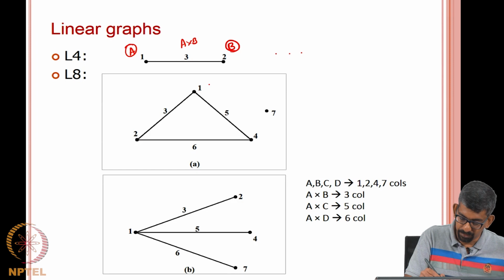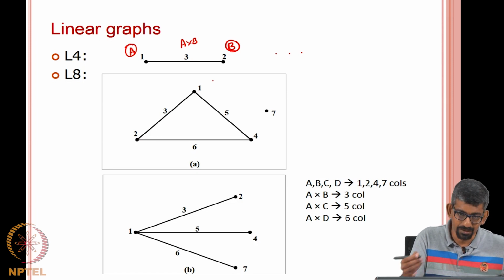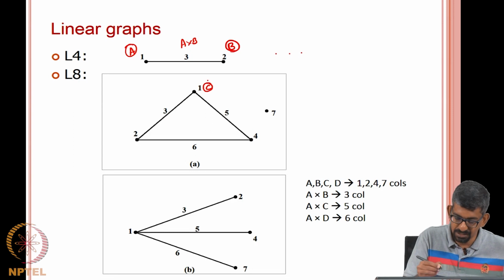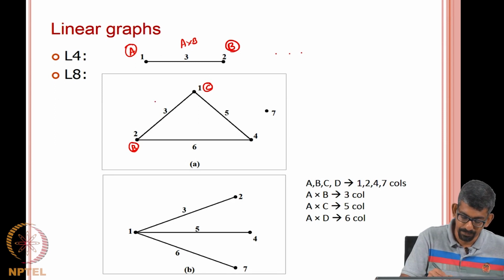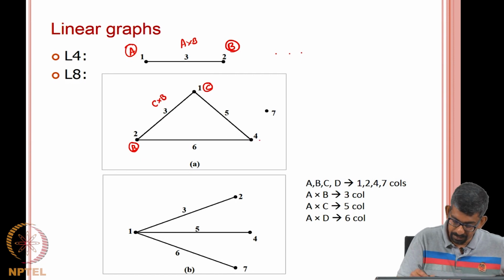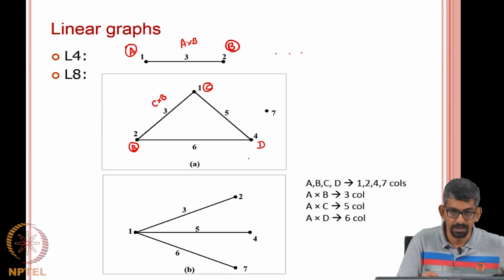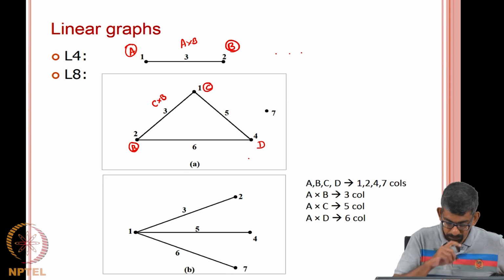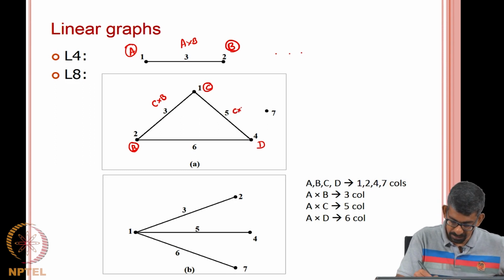Okay. So, you do not have to take A to be in 1, I can say C is in column 1, then B is in column 2. Then what happens? Automatically column 3 will be C cross B. Then let us say that you take D in column 4, then C cross D is fixed, B cross D is fixed.